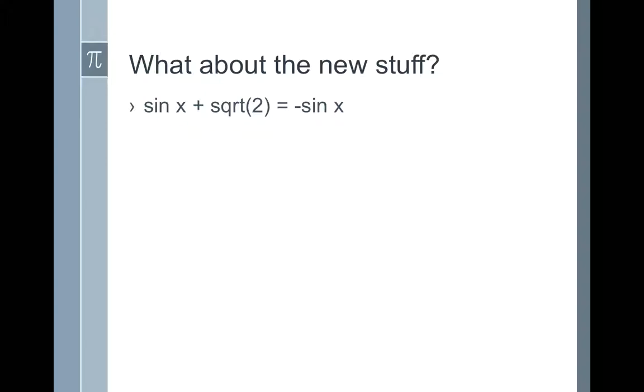I'm going to start with basically the exact same problem, only instead of x, I'm going to have sine of x. Now, what you need to remember is we are still solving for x, and so the algebra still works. What we're going to do first is solve for the sine of x. And after we solve for the sine of x, then we're going to solve for x.